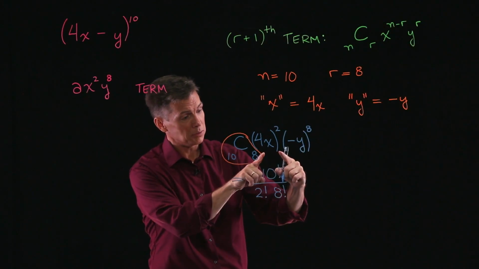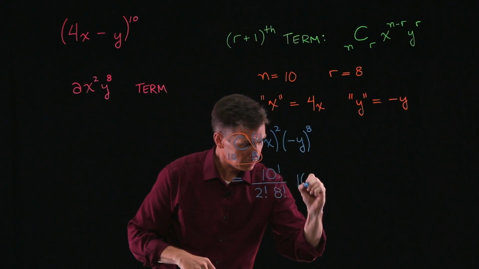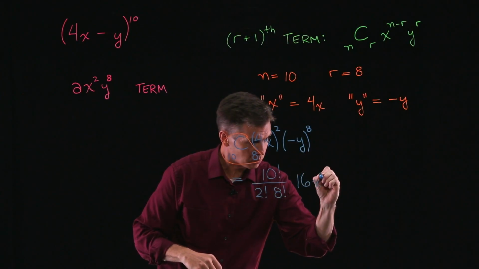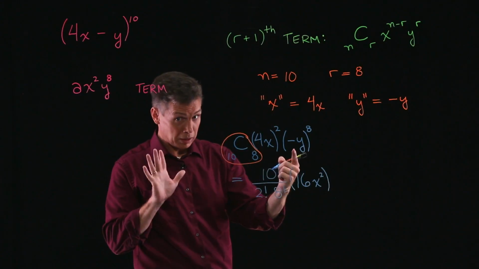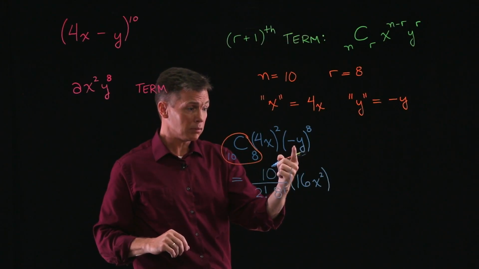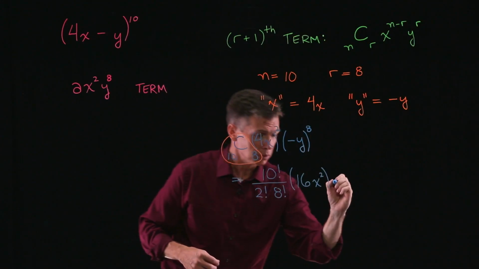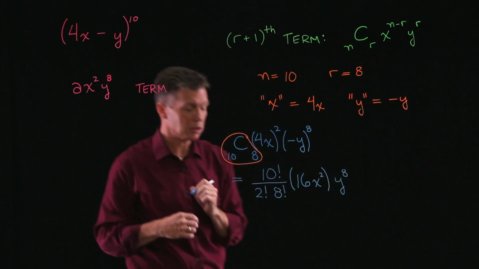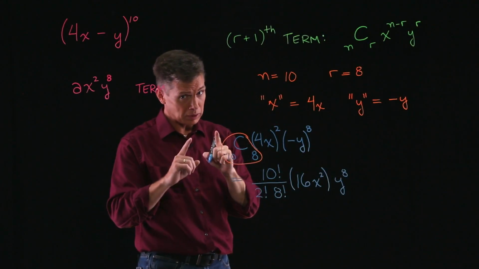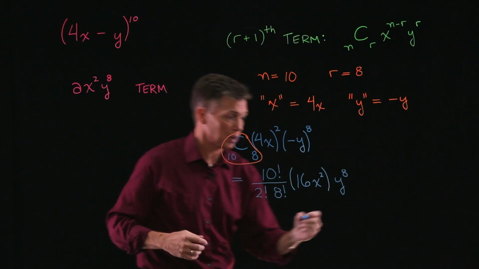And I'm also going to clean this up. 4x squared is 16x squared. And then always be careful of your minus signs. This negative is being raised to that power. It's even in this case, so it'll end up becoming positive, and you'll just have y to the 8th power, okay? Let's keep cleaning up, because especially the factorials, we want to simplify those.